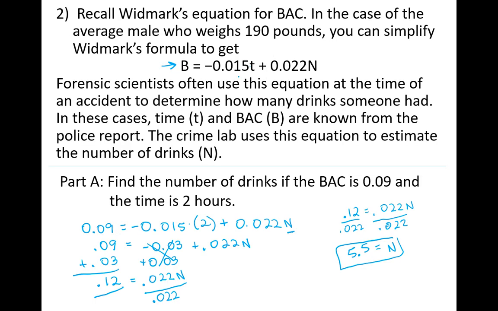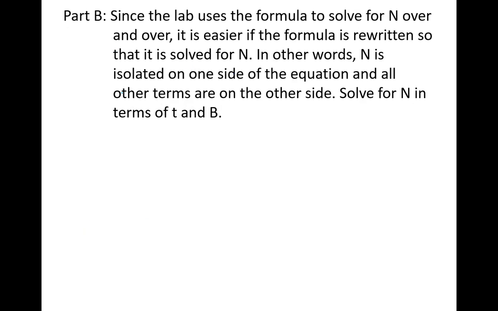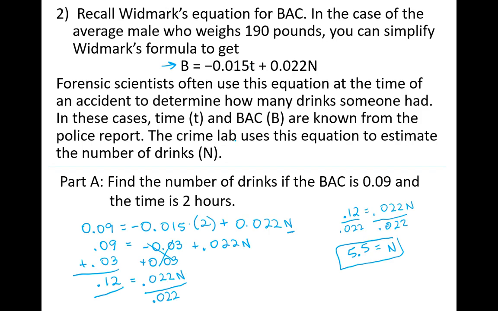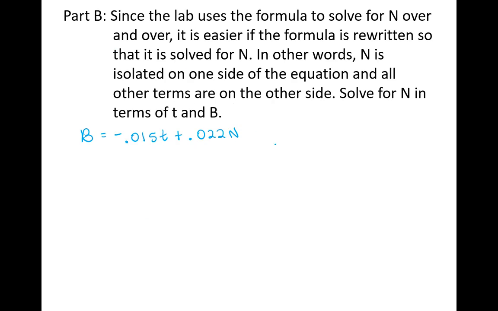So we're going to take this formula that looks like this. Make sure I copied it right. I believe I did. And we want to get the n by itself.